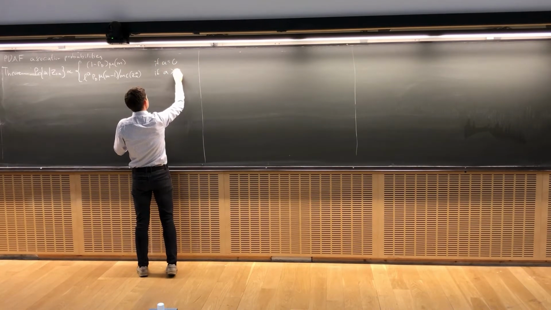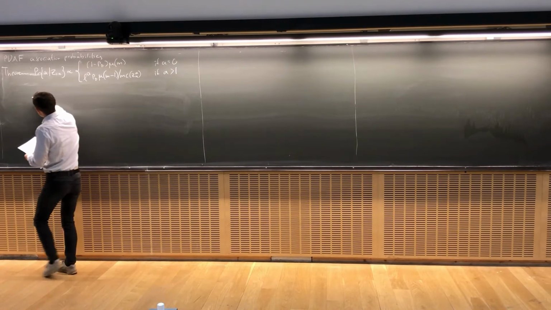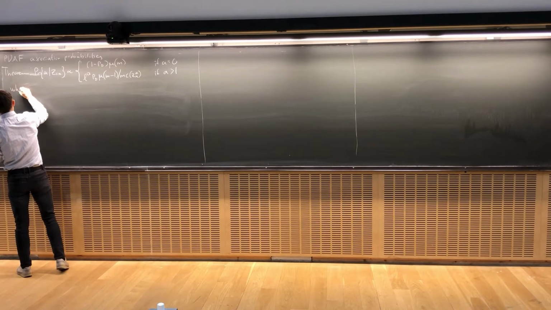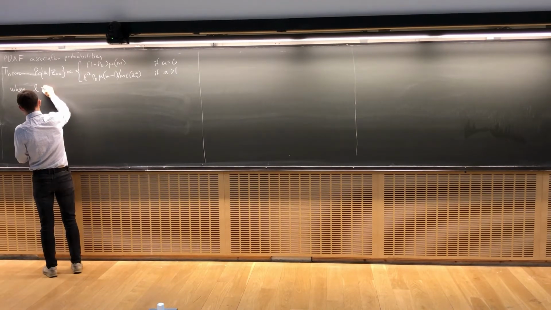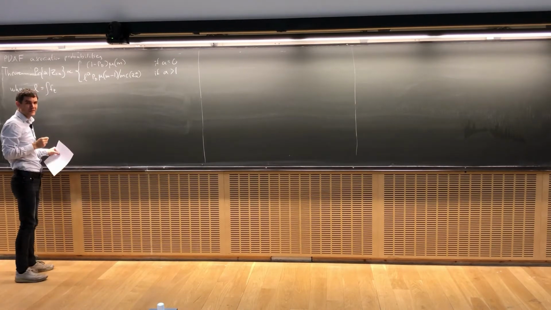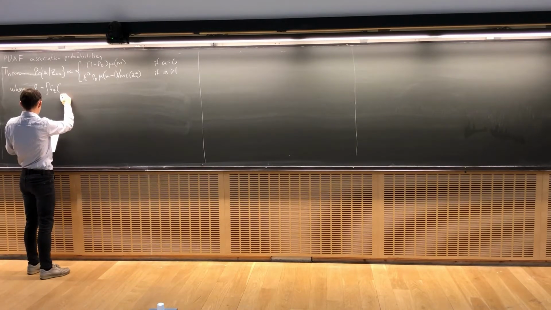The second one is if A is larger than 0, and then I define this likelihood thing. So this is an integral. Then I have the likelihood of the measurements conditional on the target state.